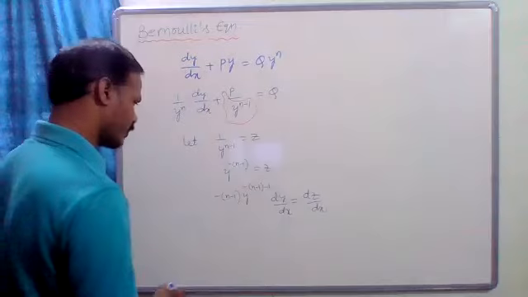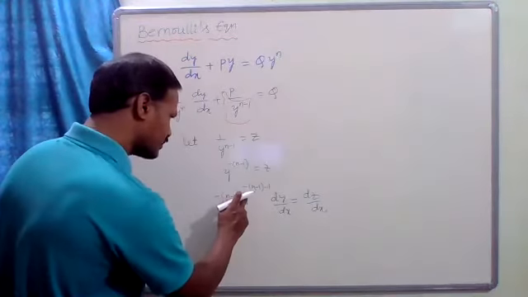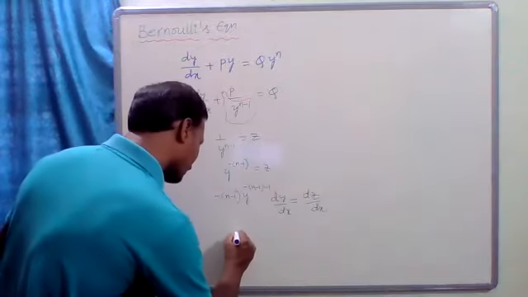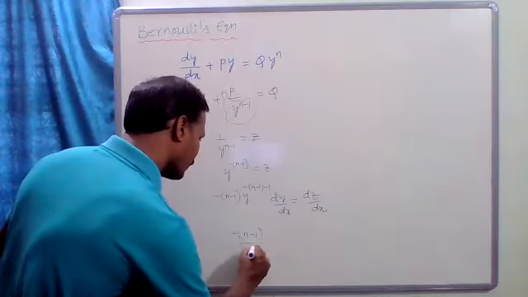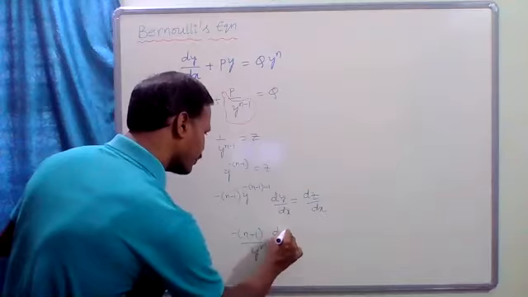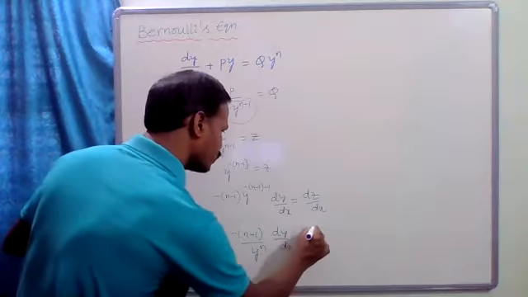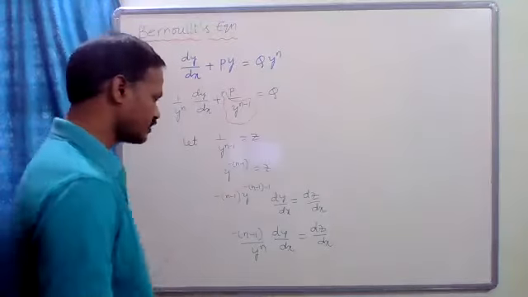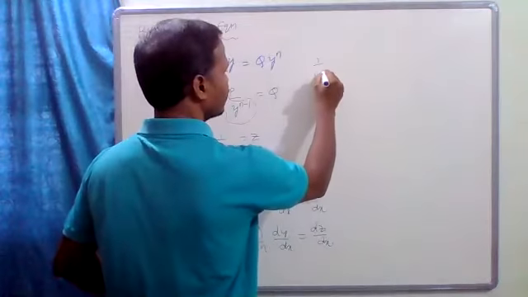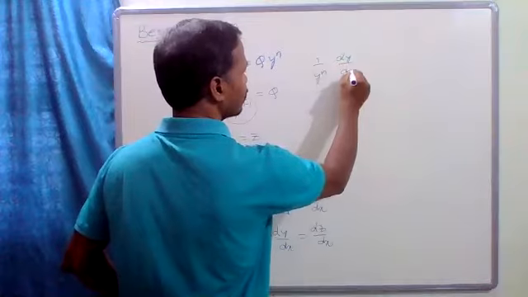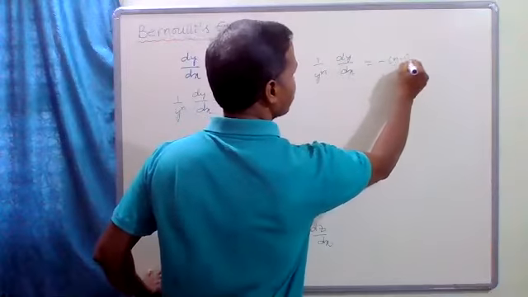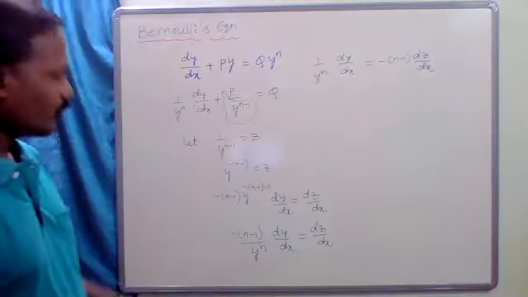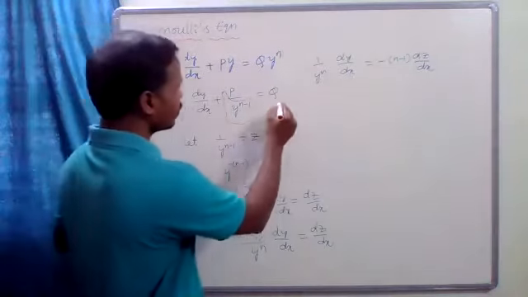Now this is minus n plus 1 minus 1, so plus 1 minus 1 cancel. This is minus of n minus 1 by y power n dy by dx equal to dz by dx. Now from this, 1 by y power n dy by dx equals minus of n minus 1 dz by dx.